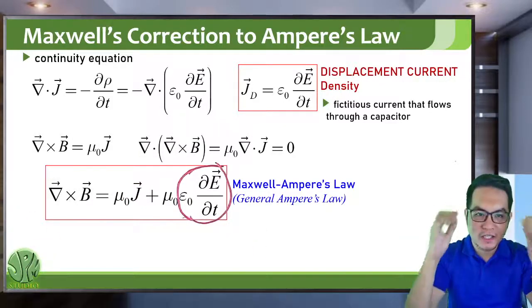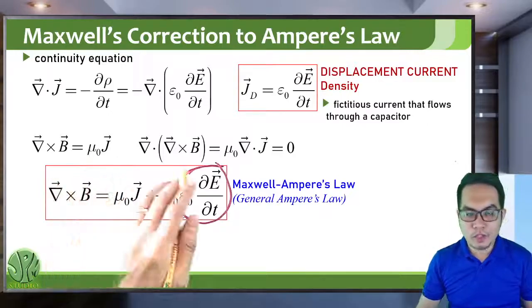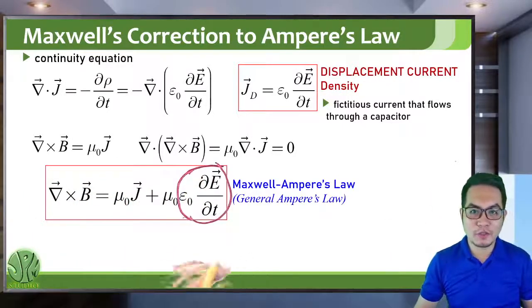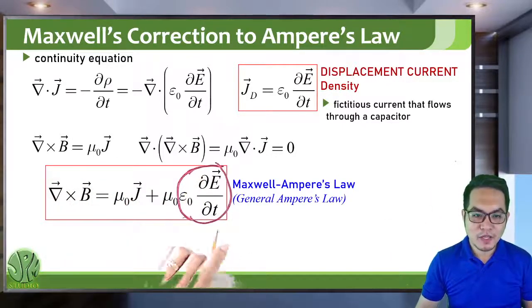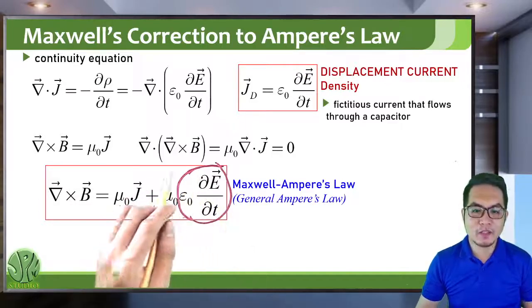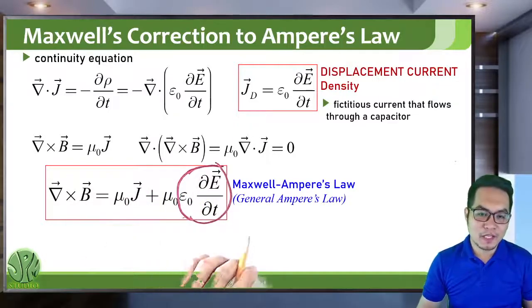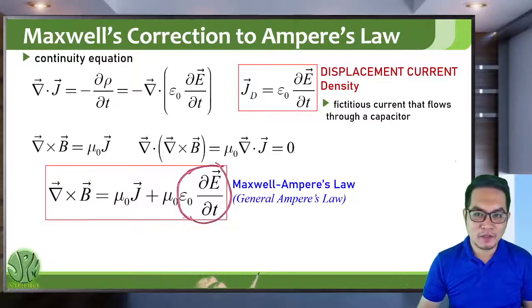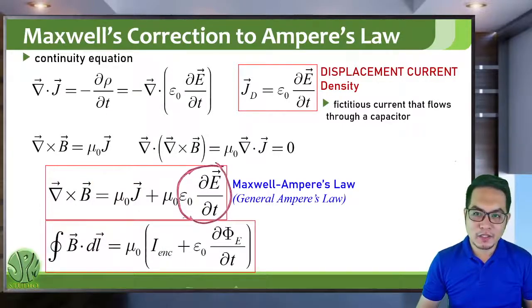So theoretically, you didn't do something wrong here. He added this term here to correct Ampere's law, and this is now the general Ampere's law. It now contains the displacement current.